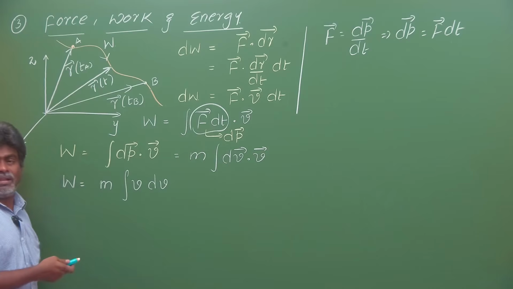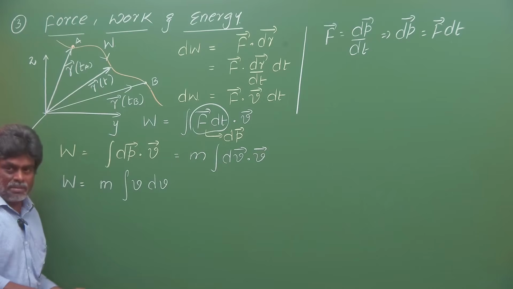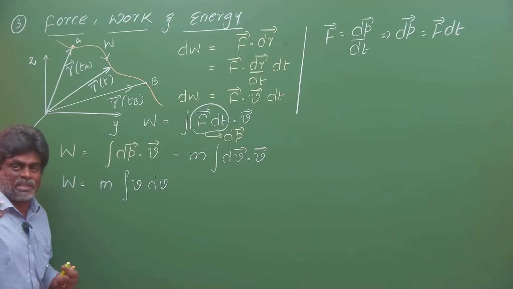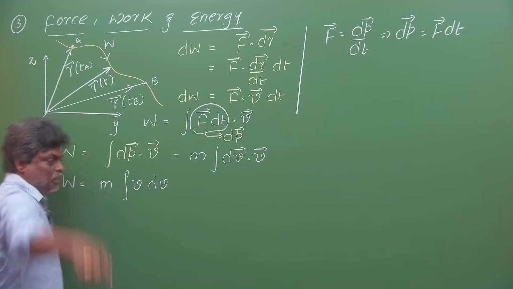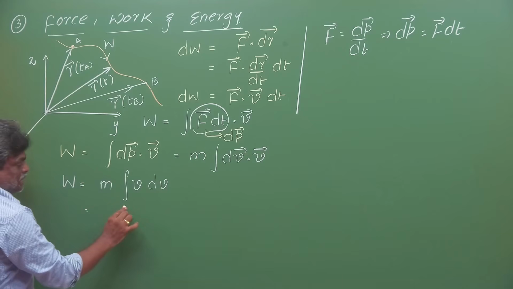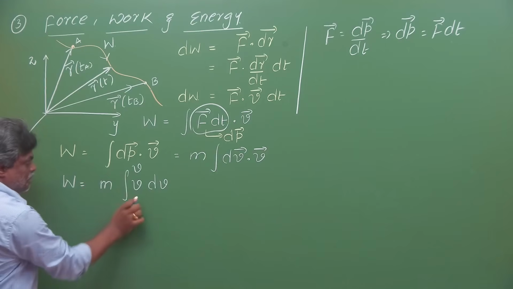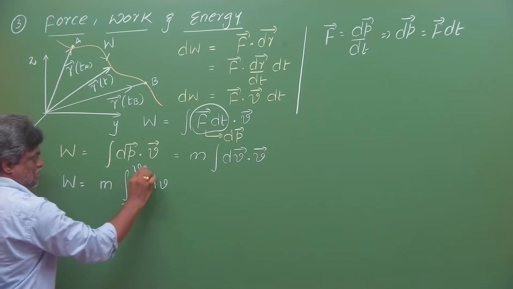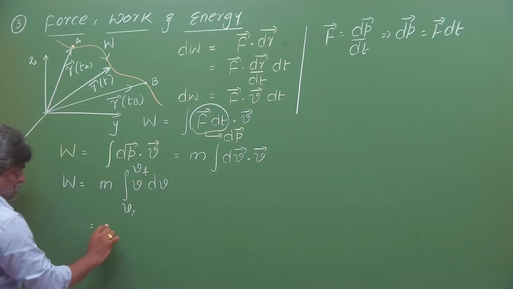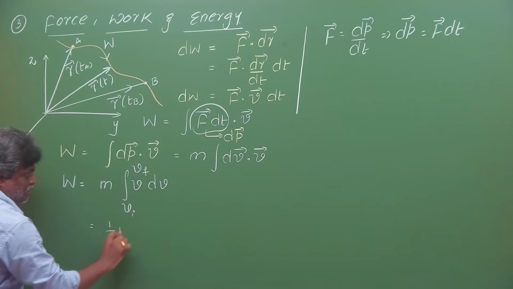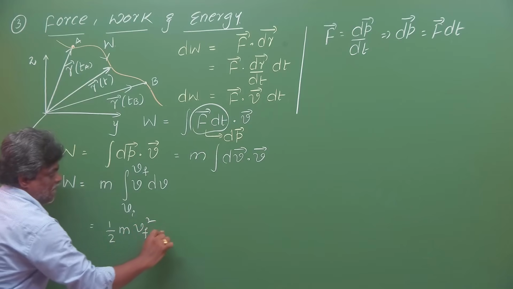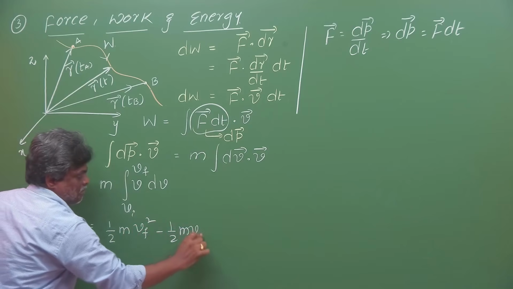Is that clear? A bar dot a bar, something like that. Say both are in the same direction, meaning theta equals 0, then cos theta equals 1. I hope I need not say more. And here it is u and here it is v, or your wish, v initial, v final. I think this can be written as half m vf square minus half m vi square.